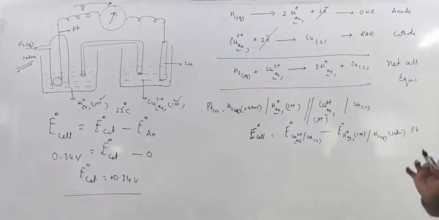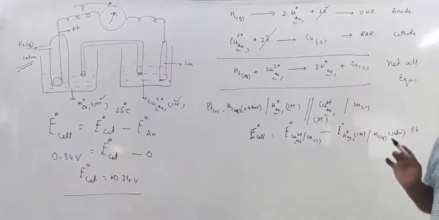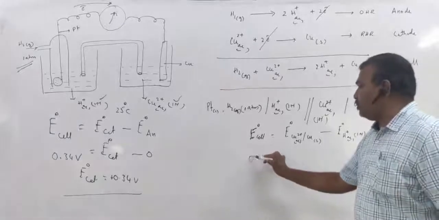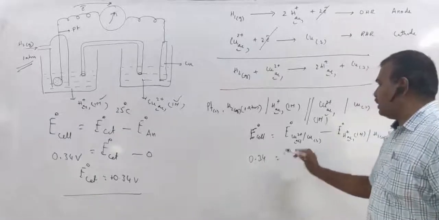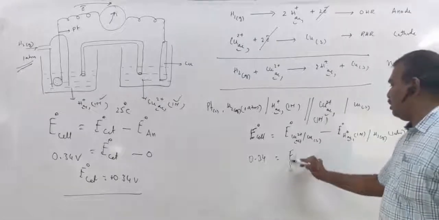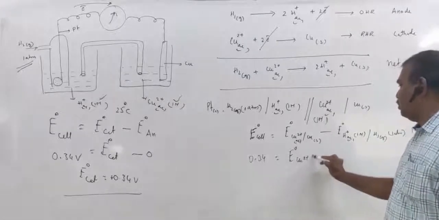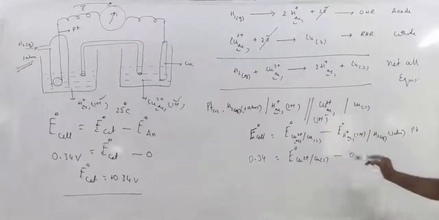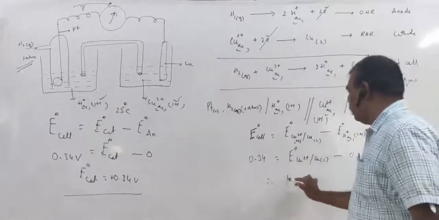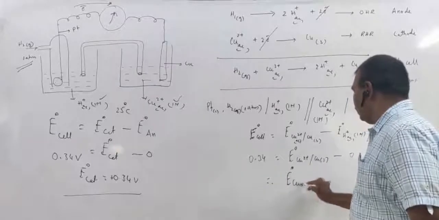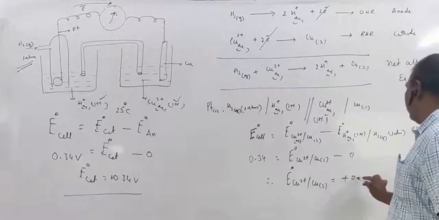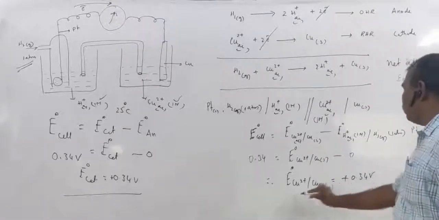Remember, we have to substitute SRP values only as per the IUPAC recommendation. E naught cell, what value came? 0.34. It is equal to E naught Cu2+ to Cu solid minus the hydrogen electrode potential 0. So therefore E naught of Cu2+ to Cu solid is plus 0.34 volts.